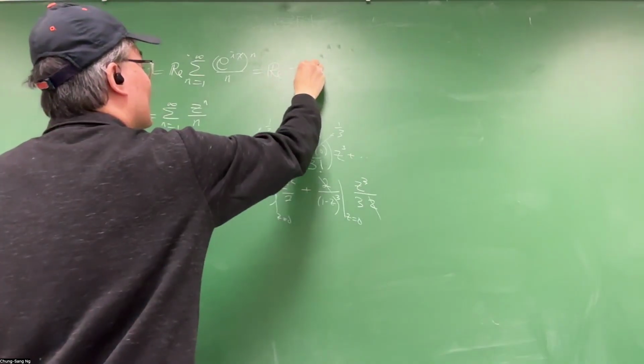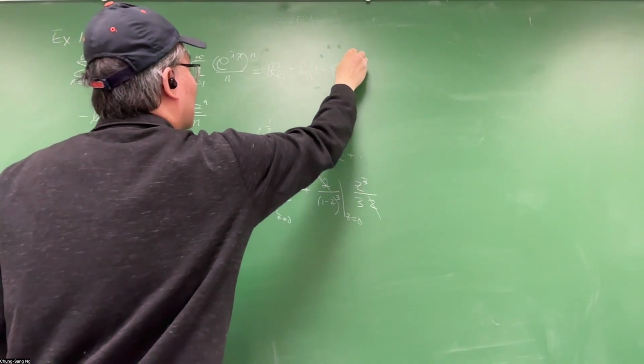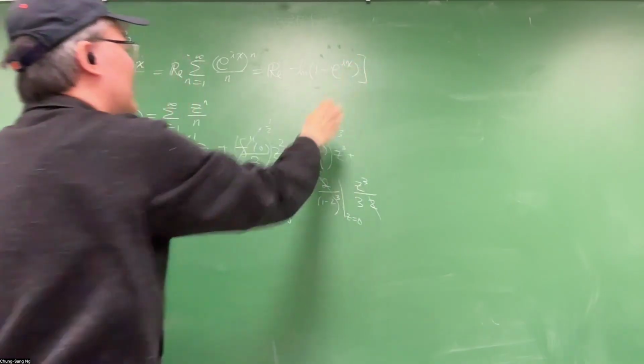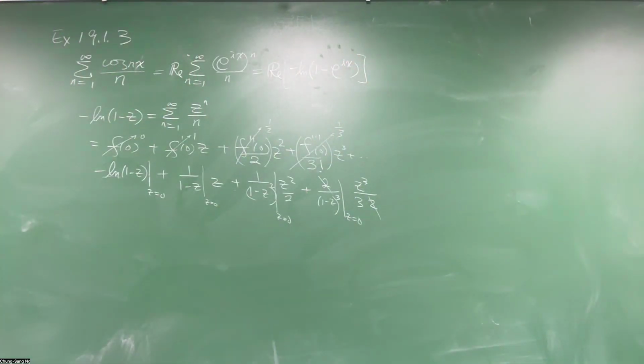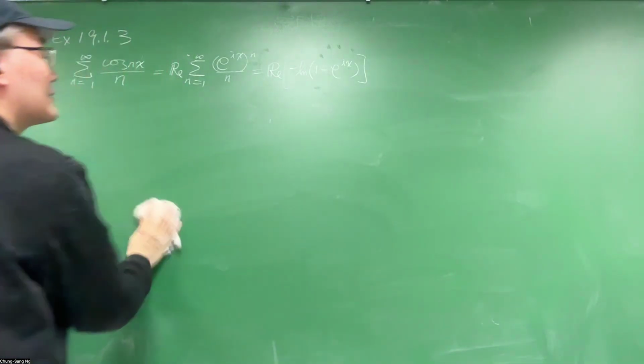Minus log of 1 minus e to the ix. That is the form. And now the rest is just to take the real part, right?